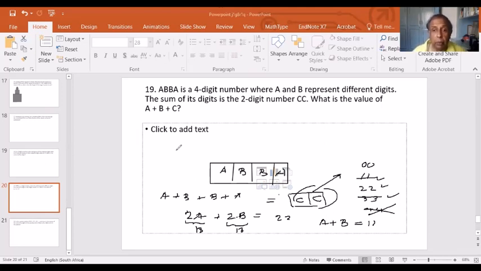All right, they wanted A plus B plus C. And what is C then? Oh, we already said that this is 22. So C is 2. So A plus B is 11, and C is already 2. So the sum of all the 3 numbers is 11 plus 2, which is 13.